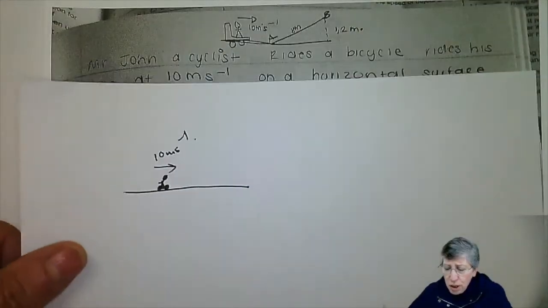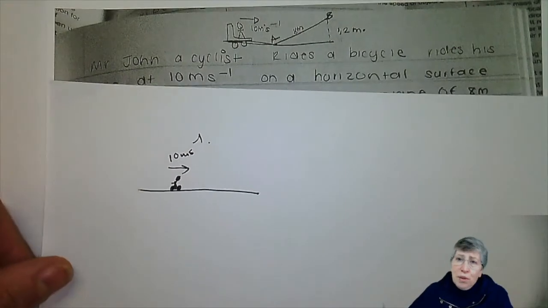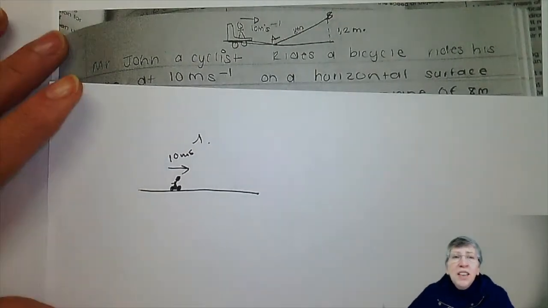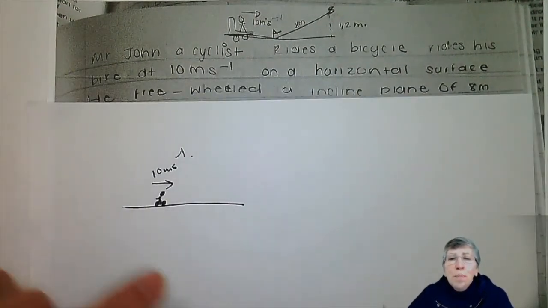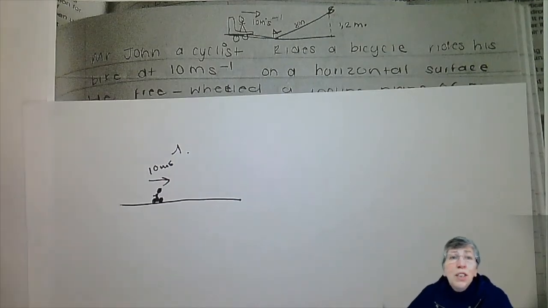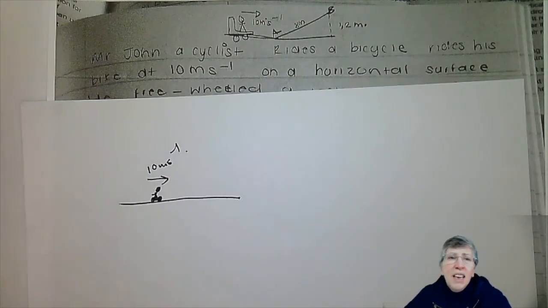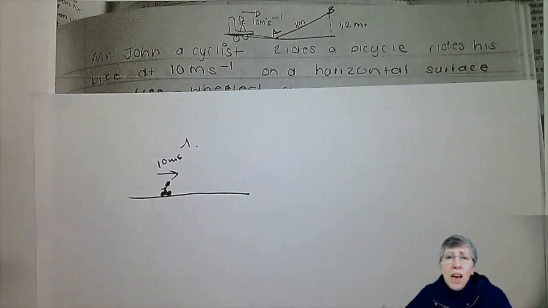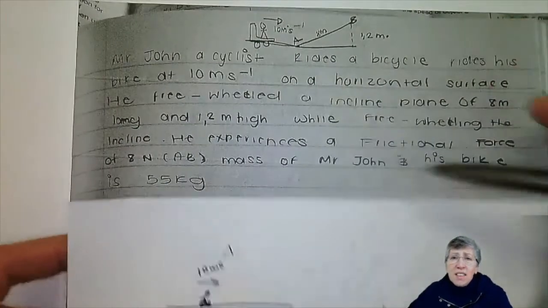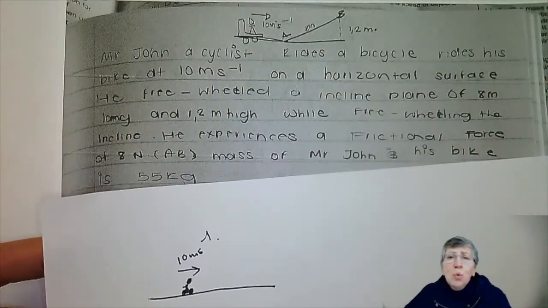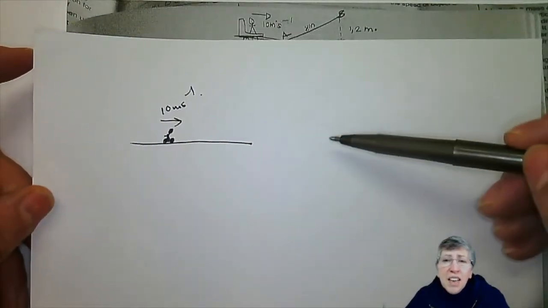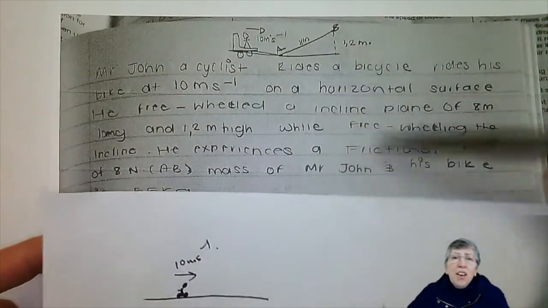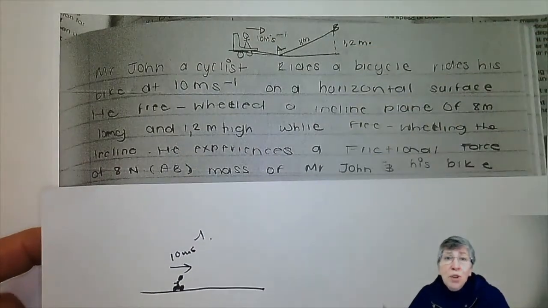The reason for a drawing is threefold. Firstly, if you read while you're making the drawing, it will help you to interpret the situation. You will understand it better because you're not just reading, you are reading to make a drawing. The second thing is, once you've captured all the information on a diagram, you won't have to go back and reread the paragraph, which will save you a lot of time.